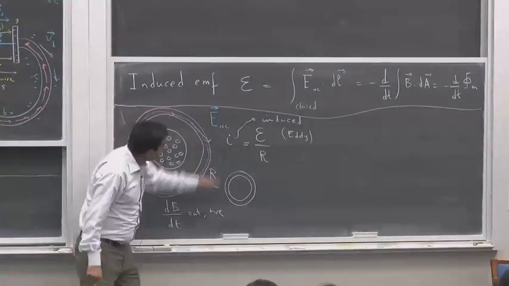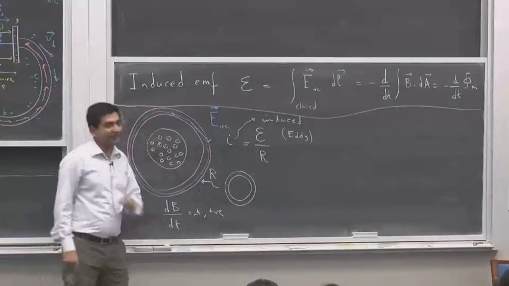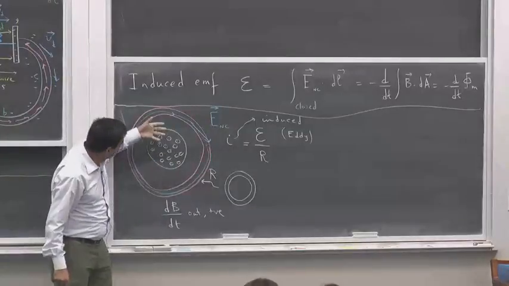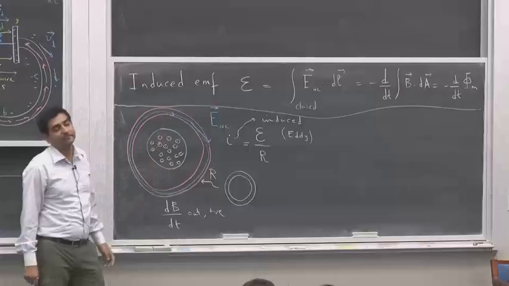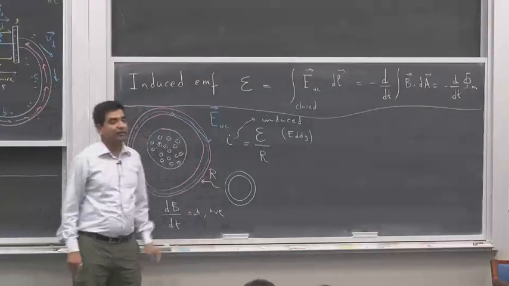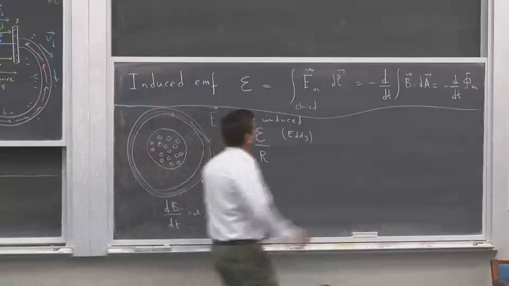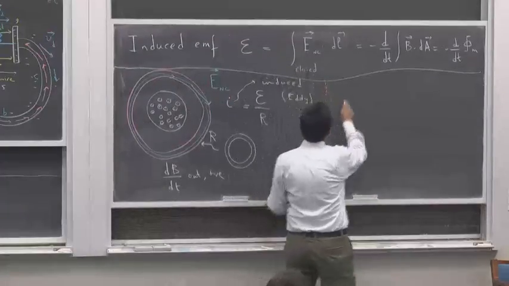Anyway, a non-conservative electric field is set up, its line integral is non-zero, it equals the rate of change of flux, the integral of this in this region. It can produce a current of its own. And of course you can find this non-conservative field from Faraday's law.